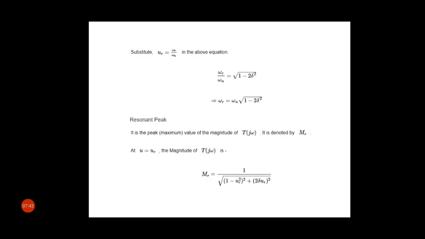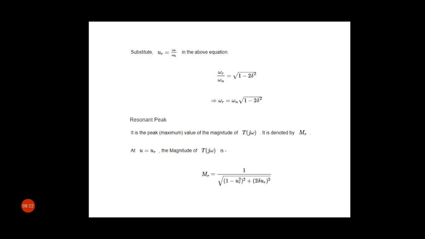We know u_r equals root under 1 minus 2 zeta square, and 1 minus u_r square equals 2 zeta square. If we put u_r and 1 minus u_r square in the M_r equation, that means the resonant peak equation, then our resonant peak M_r is equal to 1 divided by 2 zeta root under 1 minus zeta square.